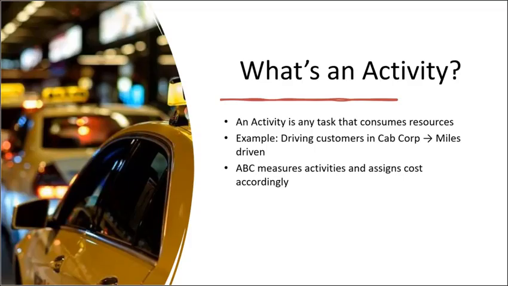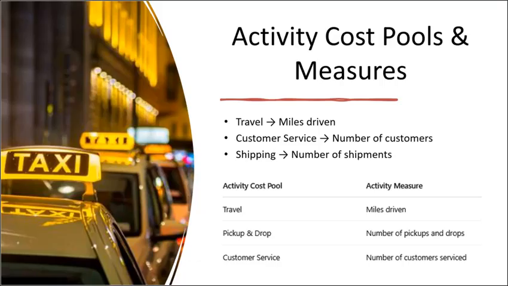An activity cost pool is a bucket in which costs are accumulated that relate to that single activity measure. An analysis of Cab Corporation would show that they have three activity pools: travel, pickup and drop off, and customer service. An activity measure is an allocation base.